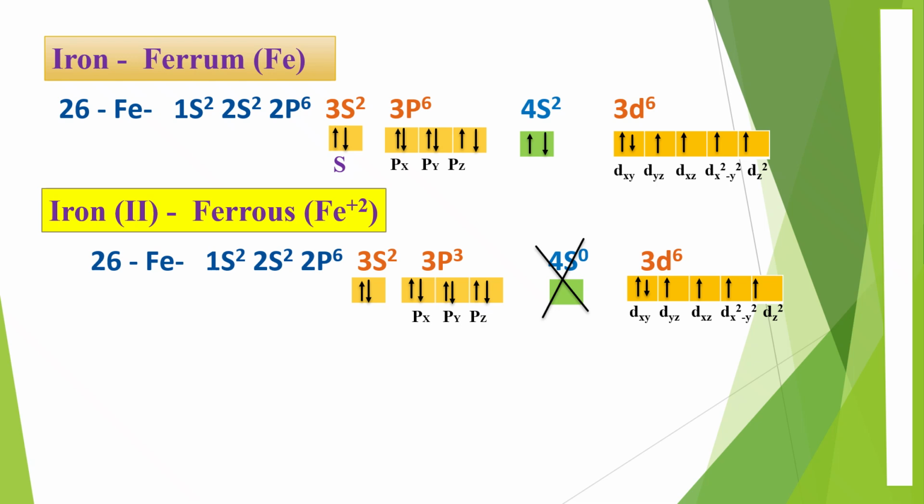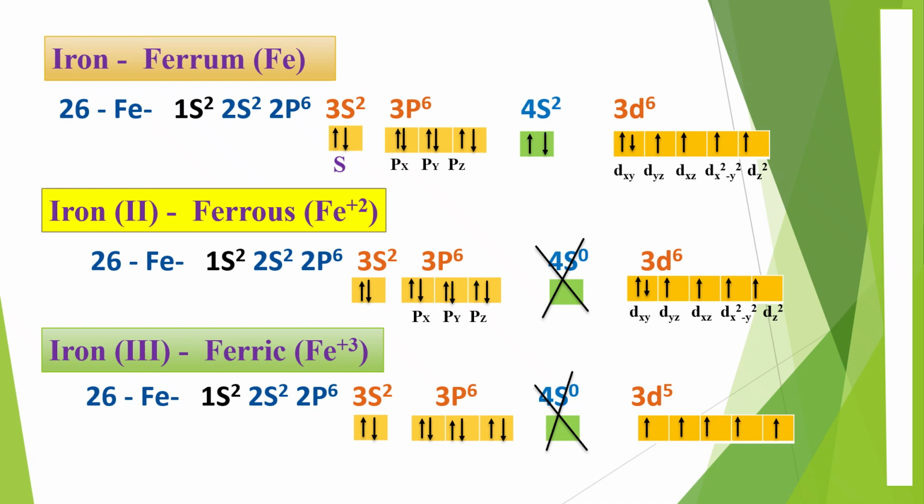Ferrous is 1s2, 2s2, 2p6, 3s2, 3p6 and 3d6. If it is ferric, 1s2, 2s2, 2p6, 3s2, 3p6 and 3d5. This is a very, very important concept.